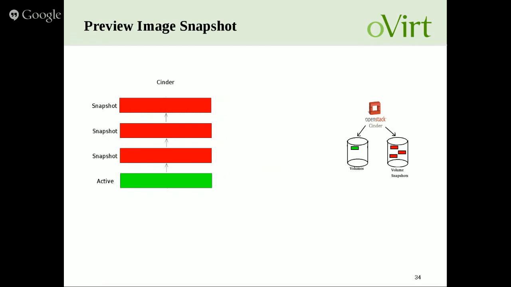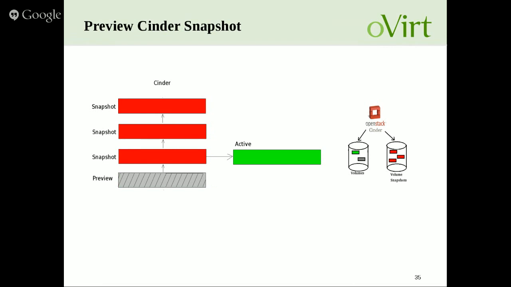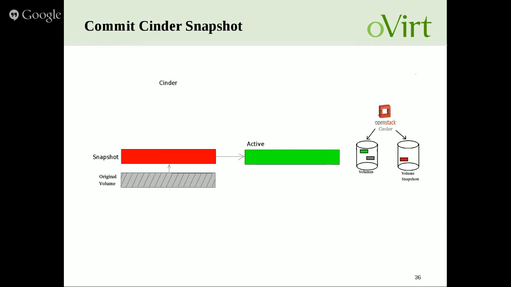As you can see here, this is how the volumes look in Cinder. We have 3 volume snapshots and one active volume. When we preview a Cinder snapshot, we actually have 2 volumes and 3 snapshots. And once we commit it, we're left with 2 volumes and 1 snapshot.